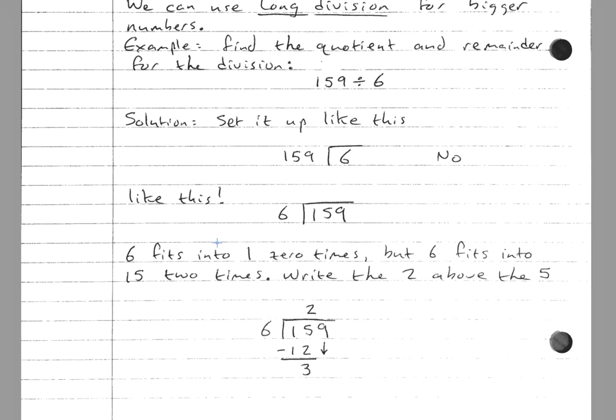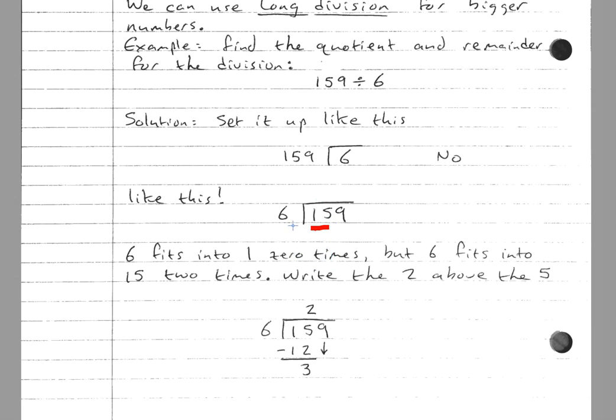And just like our other questions, like when we're multiplying, it's very important to keep this neat. So don't write these digits too close together. First we start with this 1. How many times does 6 fit into 1? It doesn't fit. We could write a 0 here, but let's look at 15 instead.